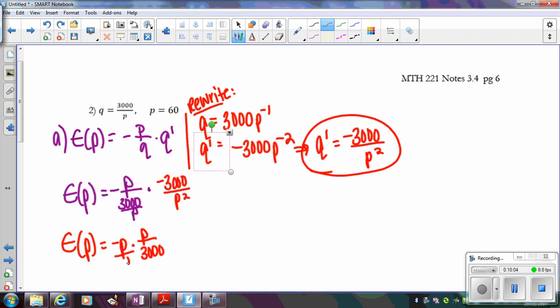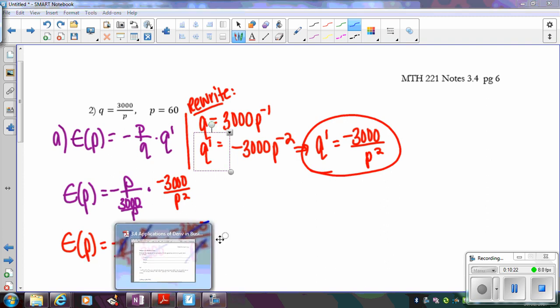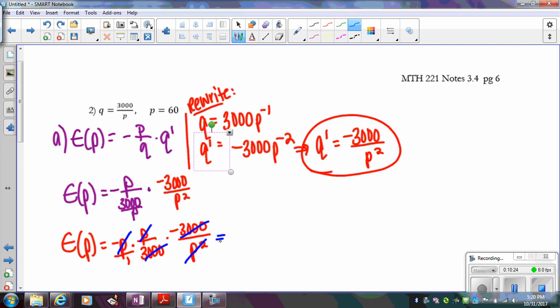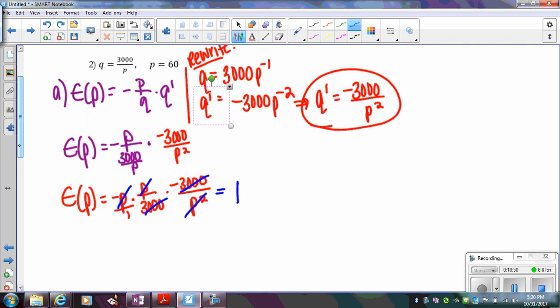So this is really P over 1, times 3,000, and then P squared. So what ends up happening is you have a P squared and you have two P's up top. Those are all going to cancel. The 3,000s cancel. What you end up with is a -1 times a -1, which ends up being positive. So in this case, my elasticity function ends up just equaling 1.